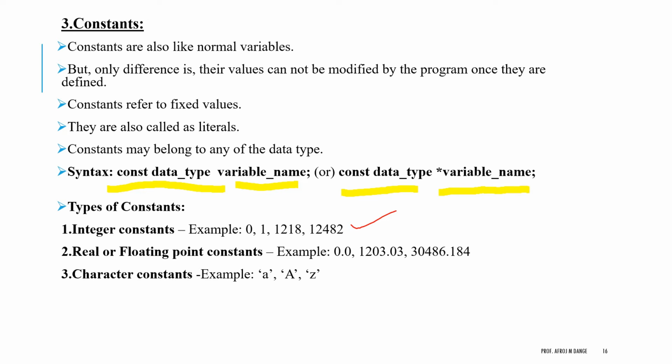It is to be noted that the character 'A' in single inverted commas is not the same as A. Character constants have a specific set of integer values known as ASCII values, that means American Standard Code for Information Interchange.